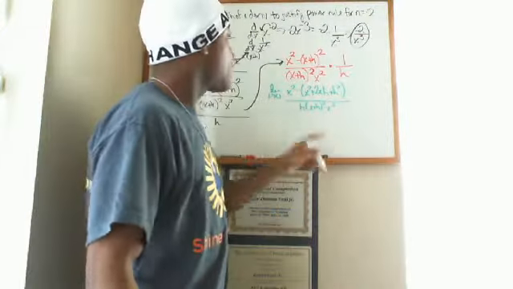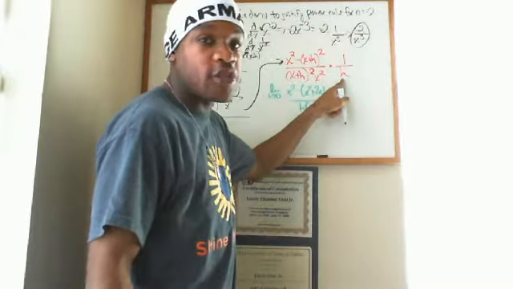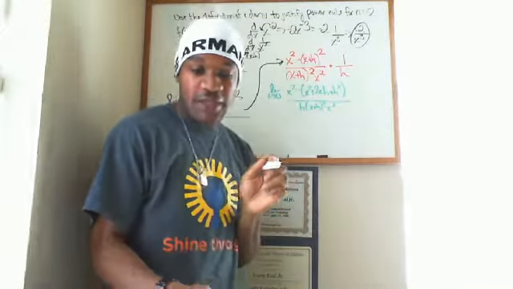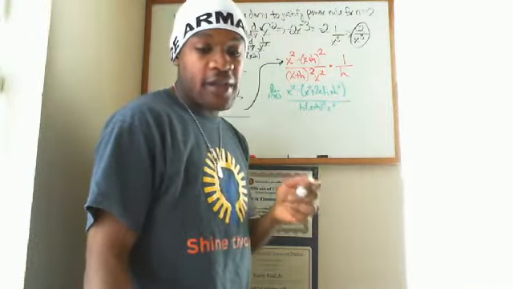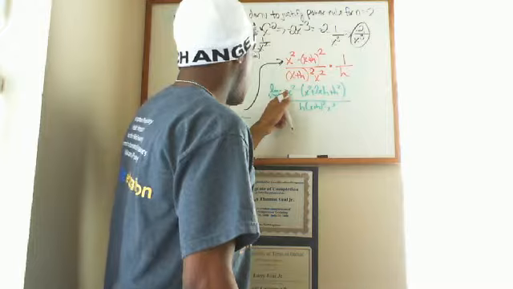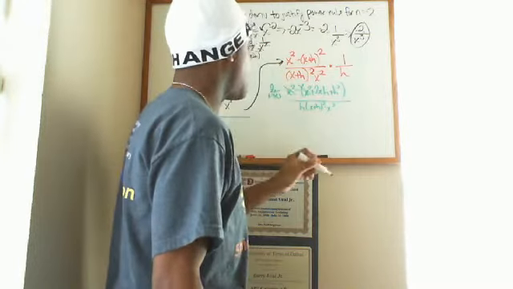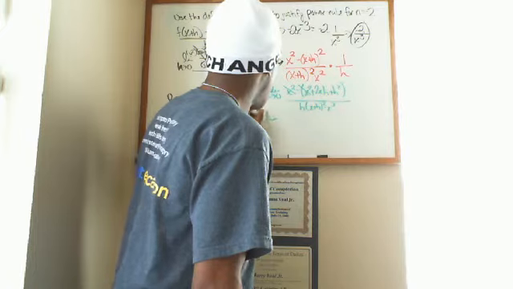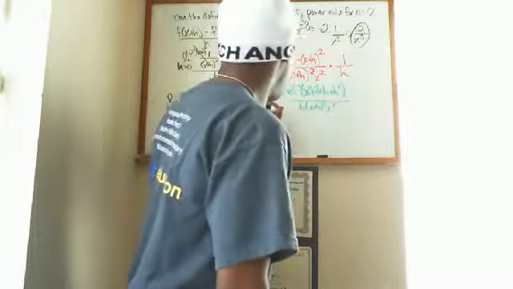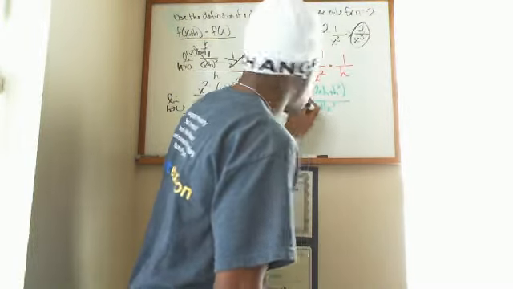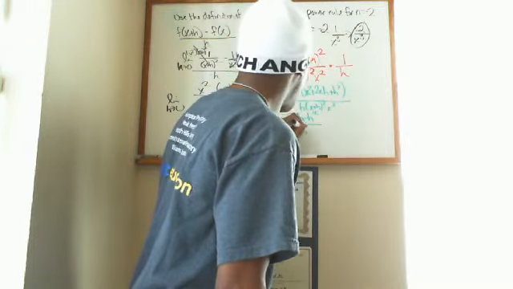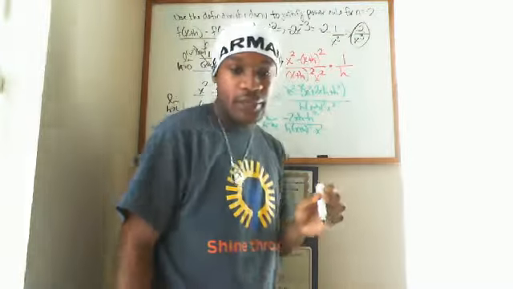So now I have my h incorporated into my problem. At this point, I'm going to simplify this even further. The x squared and the x squared cancel out. So what's left is the limit as h goes to 0 of negative 2xh minus h squared, all over h times x plus h squared times x squared.